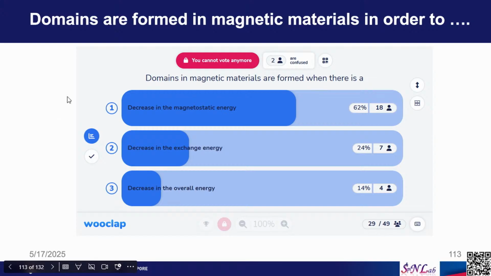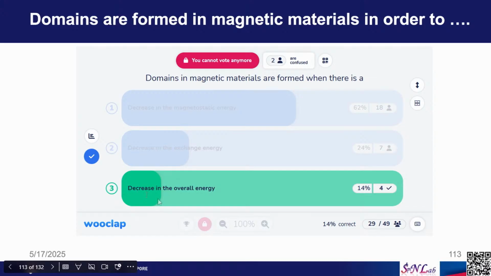Okay, majority of you are wrong. Okay, so, domains are formed only when there is a minimization of total energy. So, I told you 2 cases, right. So, if you have big particles, then when you form domains you minimize the total energy, so basically the answer 3 is the correct answer.